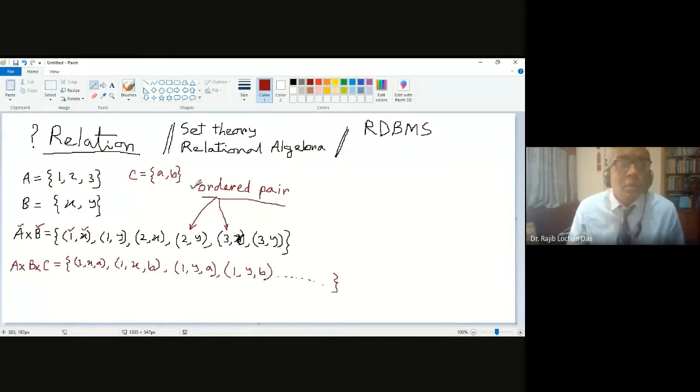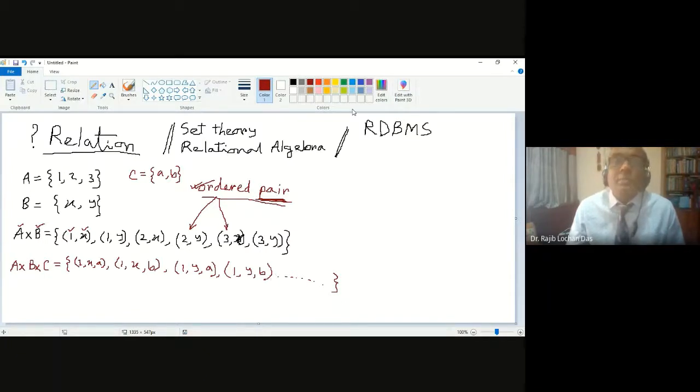Every element will be ordered, but in this second case, A, B, C, you cannot say this is a pair because you have three items in each element.